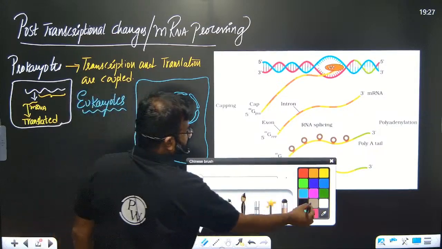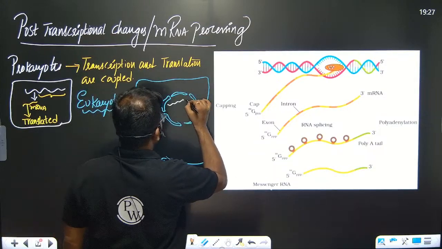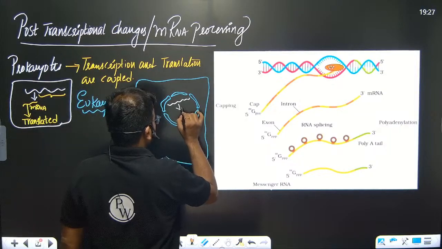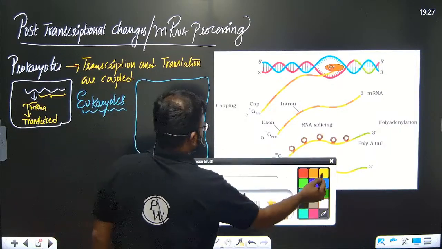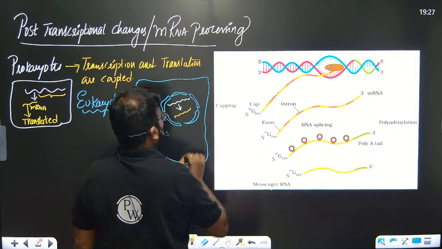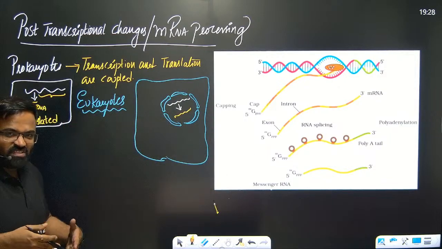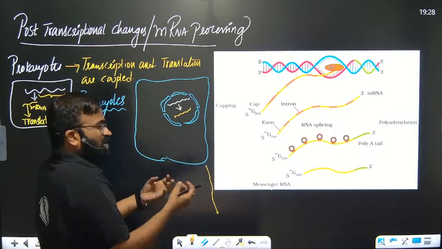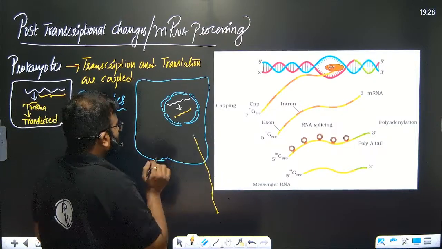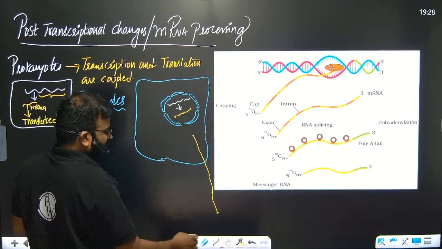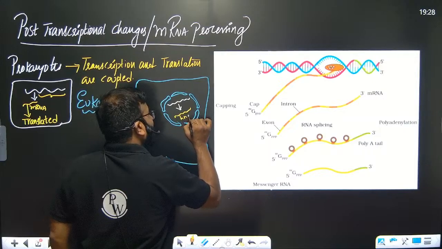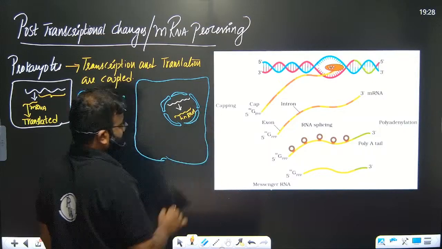And this is our DNA. And this DNA is transcribed into the RNA. Now this RNA is not ready yet. So this is a nascent RNA which is just being made, which we call as hnRNA.